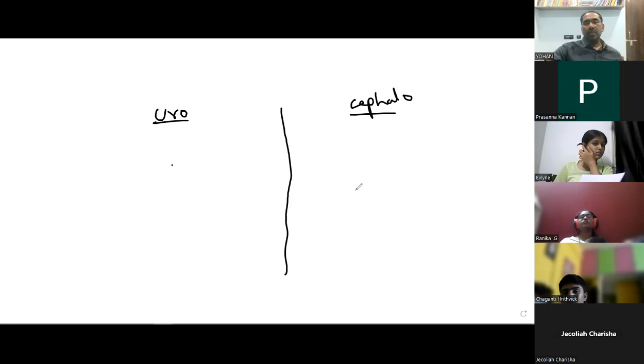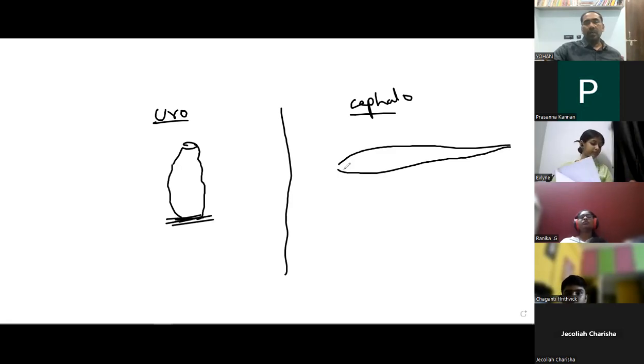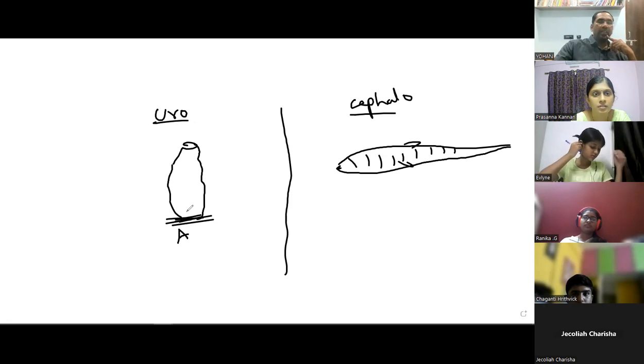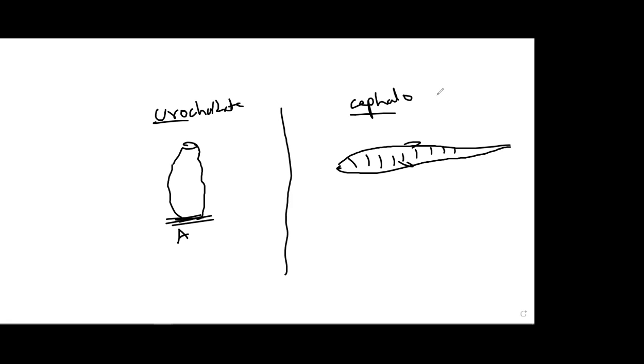And here, a fish-like animal is cephalochordate. Sir, which diagram? This is Ascidian. In the textbook, it is given as urochordate. This is urochordate, and this is cephalochordate.